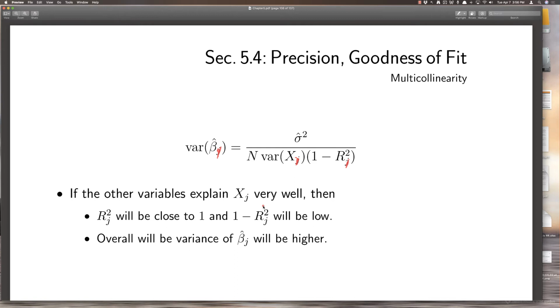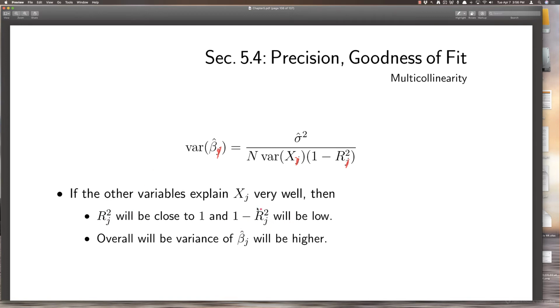And 1 means it's perfect. It means 100% of the variance in the left-hand side variable is explained by the right-hand side. An R squared of 0 means 0% of the variance in y is explained by the right-hand side of the model.